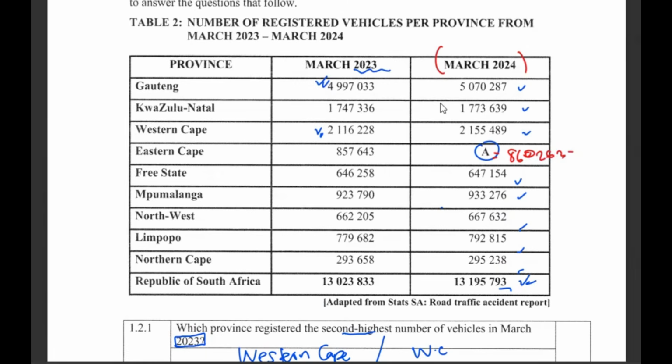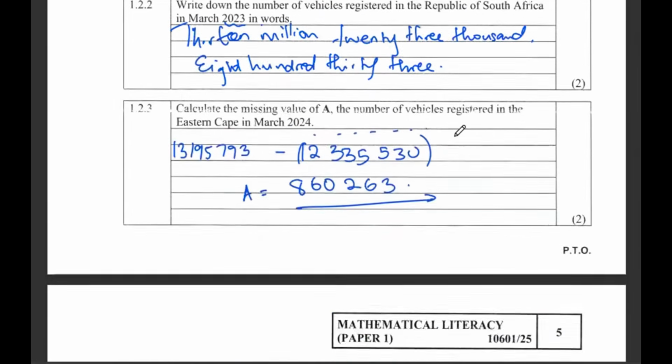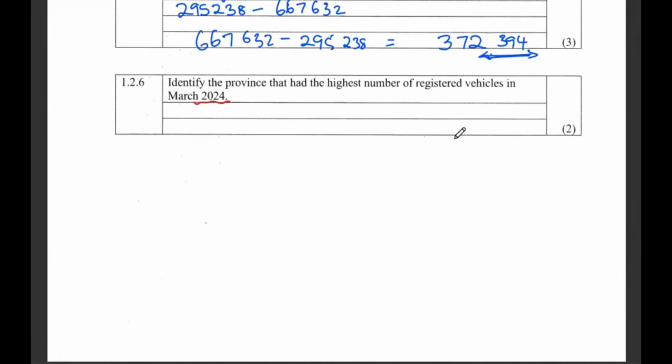Now the highest number we are seeing is this 5 million. So the province they want is that province. So we're going to say that the province is the Gauteng province.